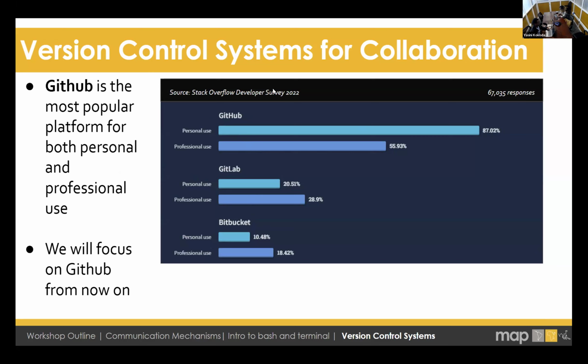You can see the evidence from the Stack Overflow 2022 survey. It shows that the majority of people were using GitHub for personal and professional use on their projects. That is why we are going to focus on GitHub in this training.